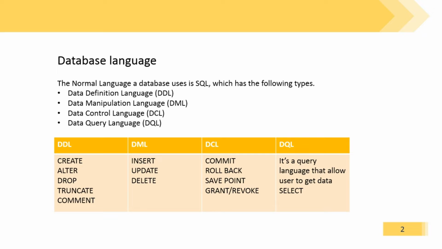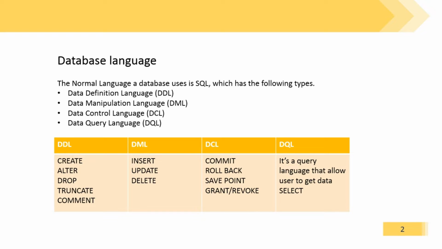Okay, what is a database language? Normally, we all know that SQL is used for database language, but there are several categories in SQL. We know data definition language, data manipulation language, data control language, and data query language.